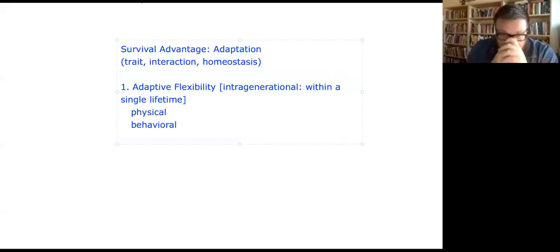Okay. An example of a behavioral flexibility is what is the range of possible behaviors that a species can engage in? Okay, what are the range of possible behaviors that an individual of any species could engage in within its lifetime? So some species, if you think about it, have a very narrow suite of behaviors.